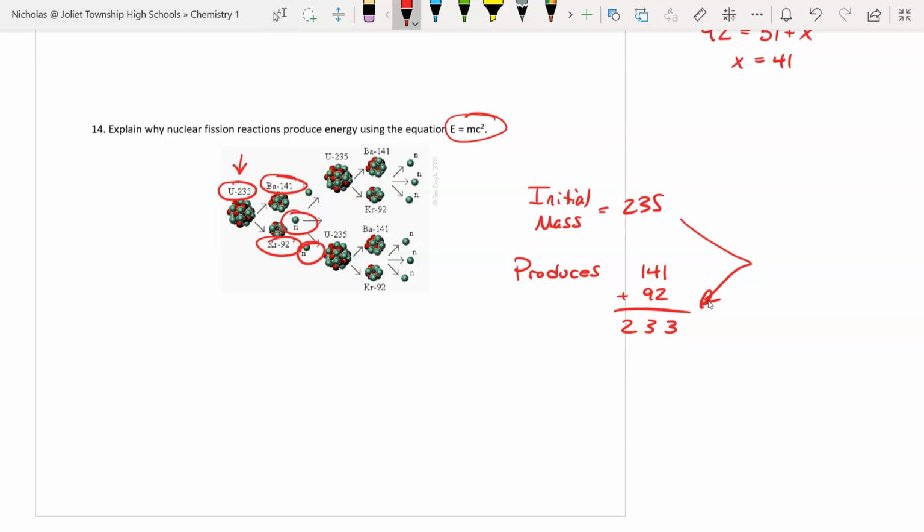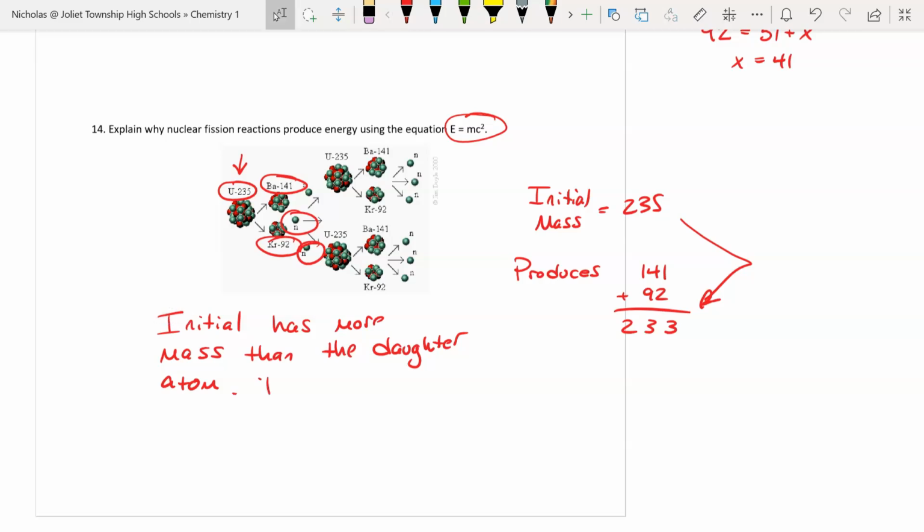So what we say here is that the initial atom, the uranium-235, has more mass than the daughter atoms. And that's the barium and the krypton. And the difference in mass is converted to energy.